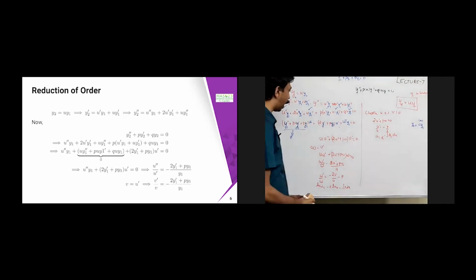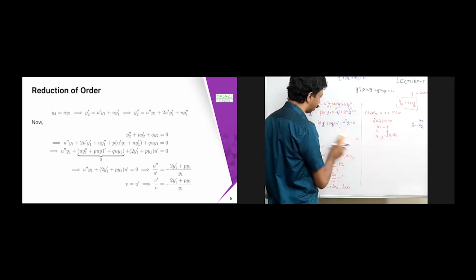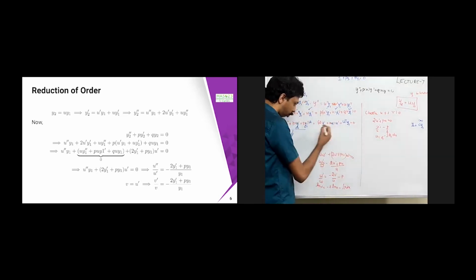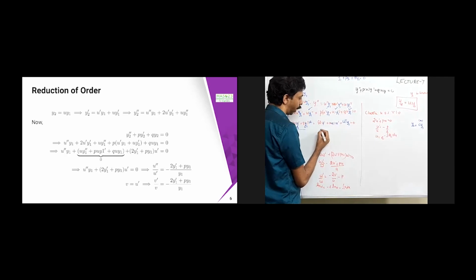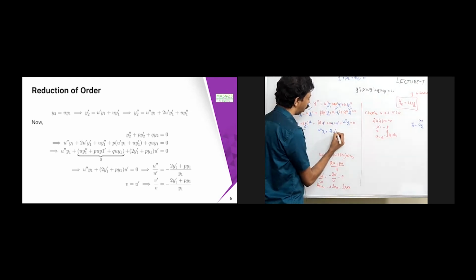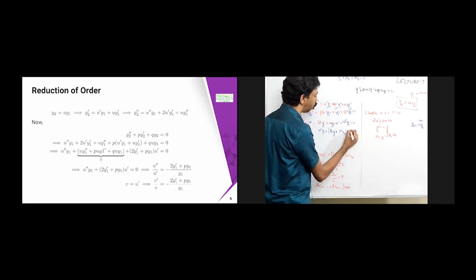So what I am going to have is u double dash y1 plus 2 y1 dash plus p y1, times u dash, equal to 0.